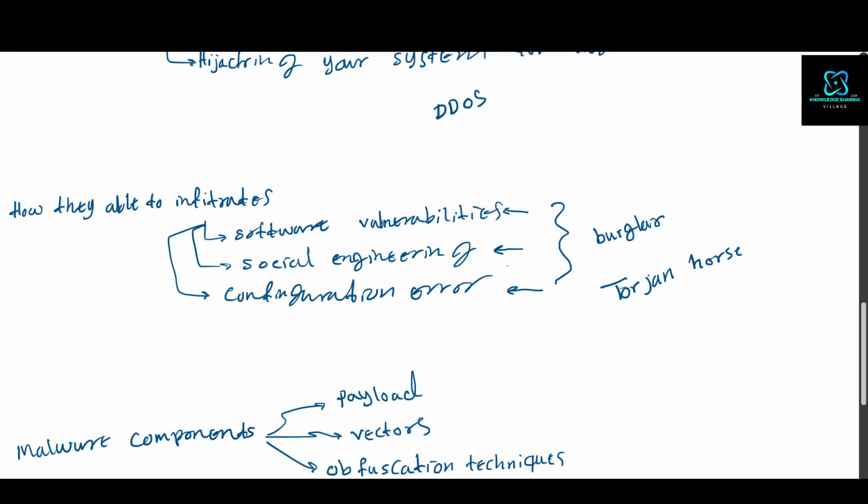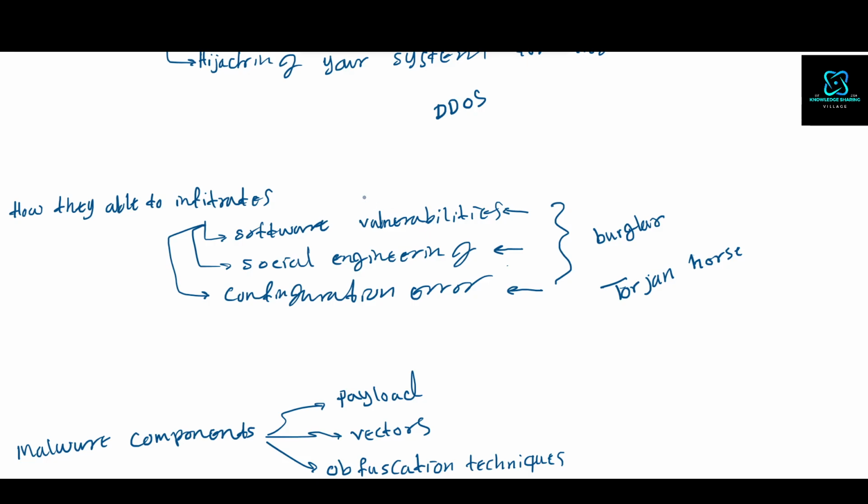Then we are also going to learn the infiltration methods, how they are able to do that. There are many common ways, or there may be new ways also, that the security team had never thought about, because the attackers are also human, they have imagination.